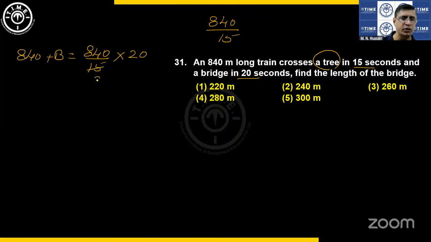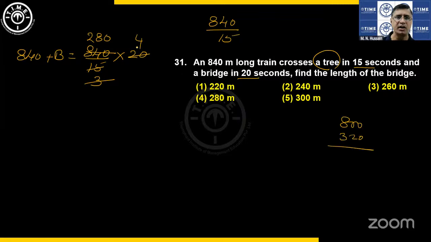Now 5, it goes 3 times. 5 in 24 times. What about 3 in 840? 2 times, 8 times, and 0. Now 280 into 4. 200 into 4, that is 800 plus 80 into 4, 320.